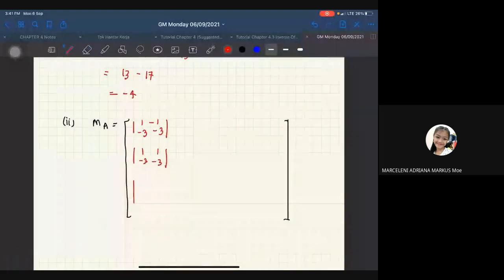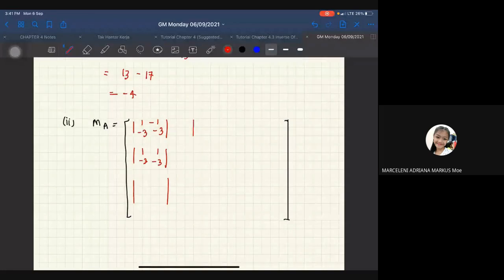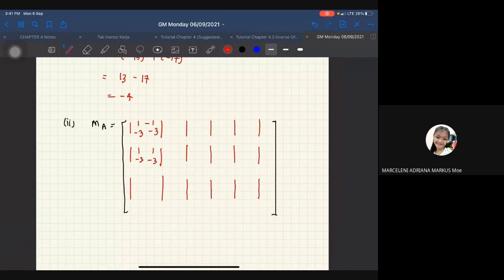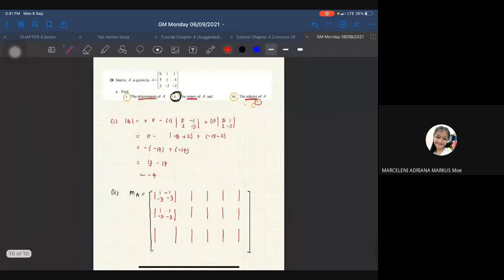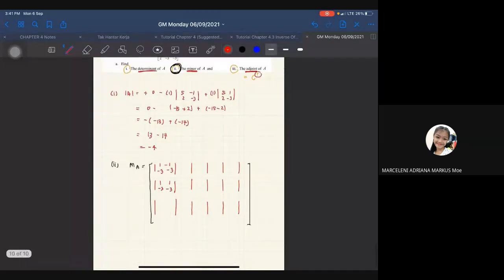Saya bagi awak dalam 2 minit, cuba kira. Apa matrix yang awak dapat?